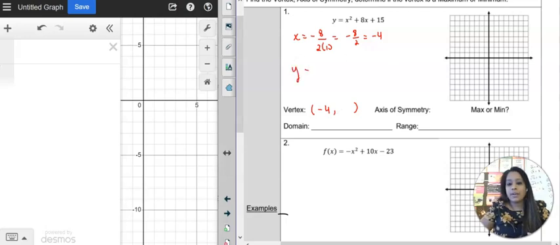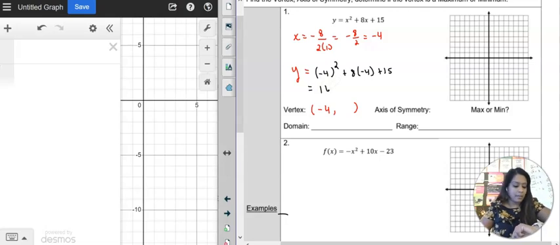And then the y-coordinate of the vertex, we're just going to plug in negative 4 here. Now, be careful here. When you're plugging in negative 4, let me just show you that you need parentheses, especially when you're plugging in negatives, okay? So negative 4 squared plus 8 times negative 4 plus 15. And that matters because negative 4 times negative 4 is positive 16.